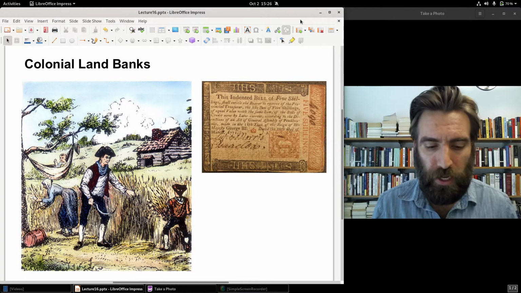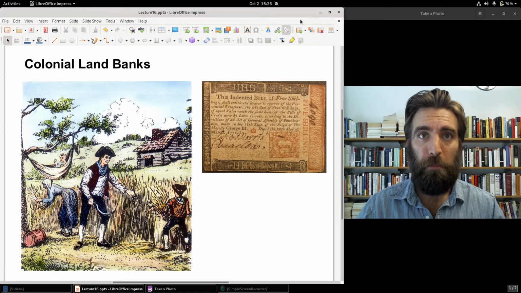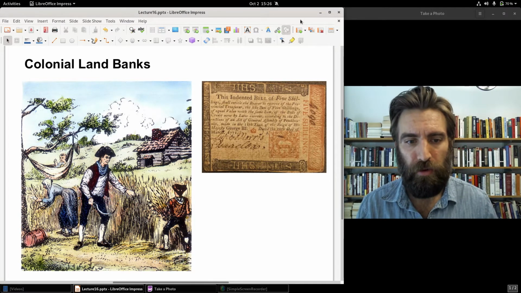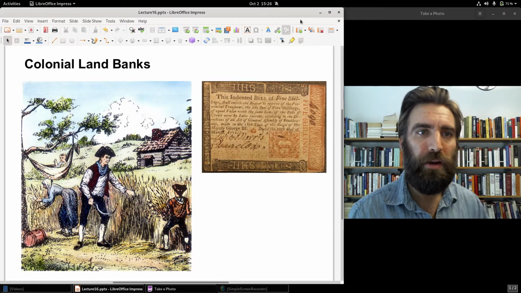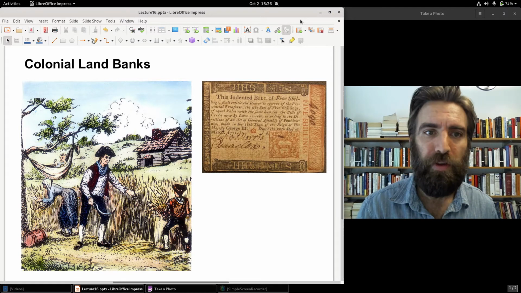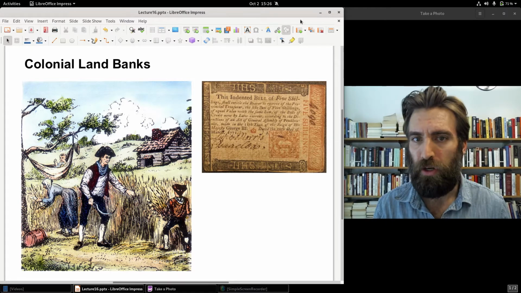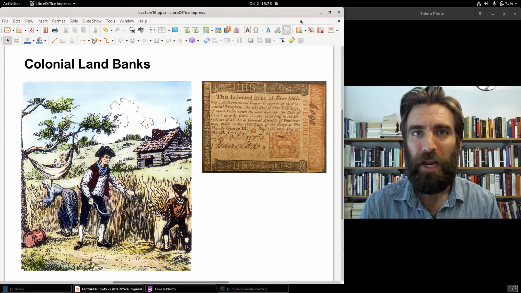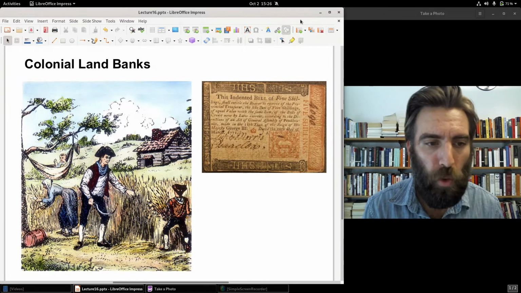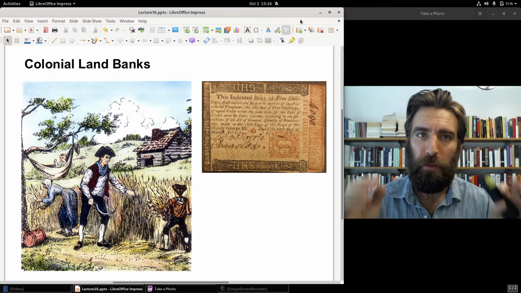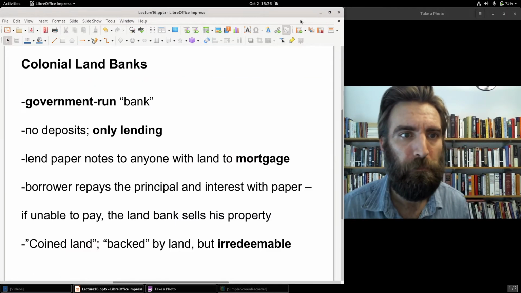And actually, this idea of a land bank, a paper currency backed by land instead of silver and gold, originated in England in the 1650s, but it was never adopted in England. England decided upon the more conventional mode of backing paper banknotes by coin instead of land, but it latches on here in colonial America.